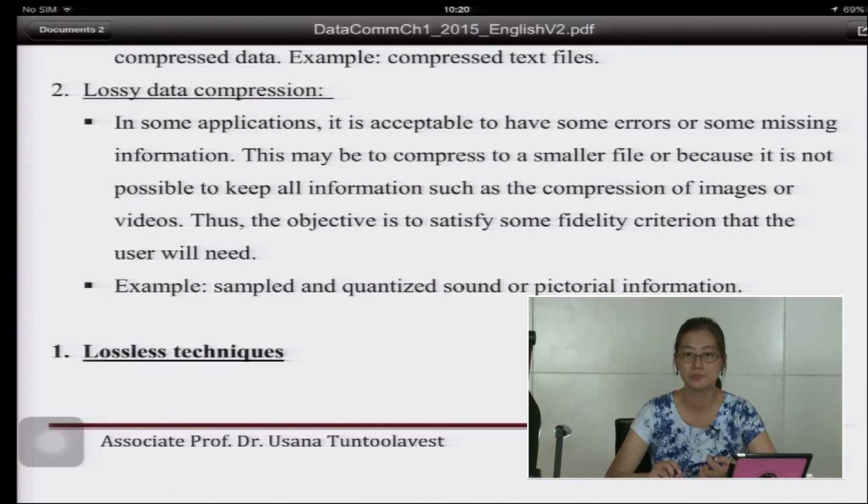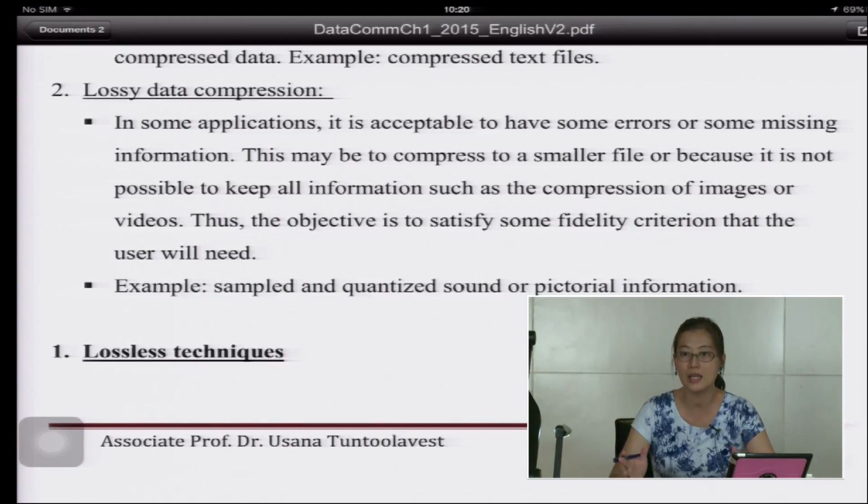So the objective of lossy data compression is that we want to satisfy some fidelity criteria that the user will need. The picture has to be nice enough. If you want to expand it into a big picture to post on the wall, you have to use a very high resolution, maybe 10 megapixels, 20 megapixels.